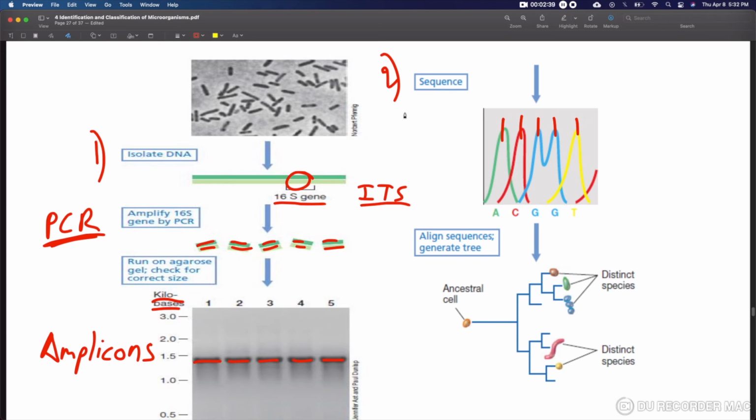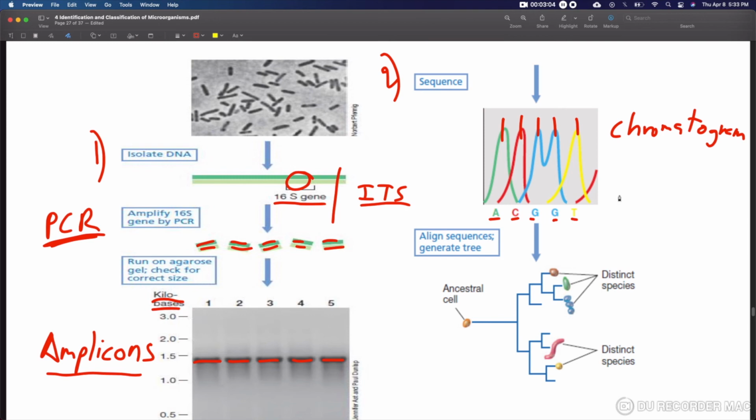After subjecting your PCR amplicons of your specific gene to sequencing, it will look something like this, where you have what we call a chromatogram of the different peaks that correspond to certain bases.